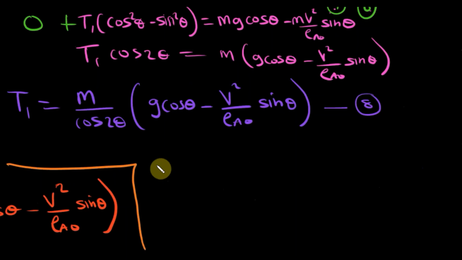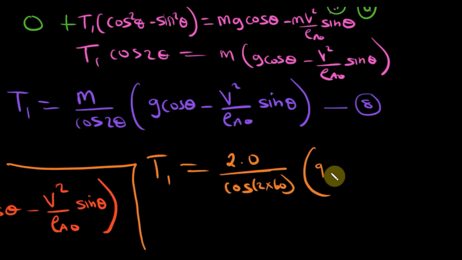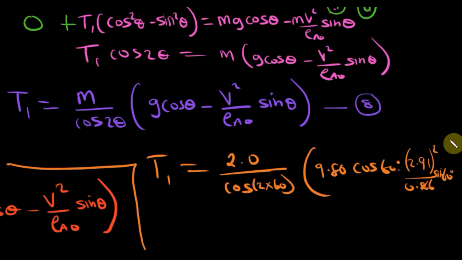Okay, cool. So T1, the mass 2.2 kilogram, over cos 2 theta, that is 2 times 60, 9.80 cos 60 minus 2.91 squared over 0.866 sine 60 degrees.